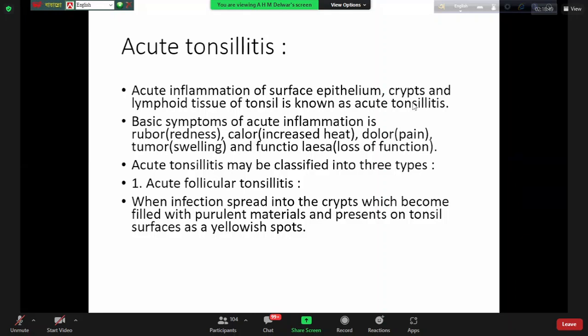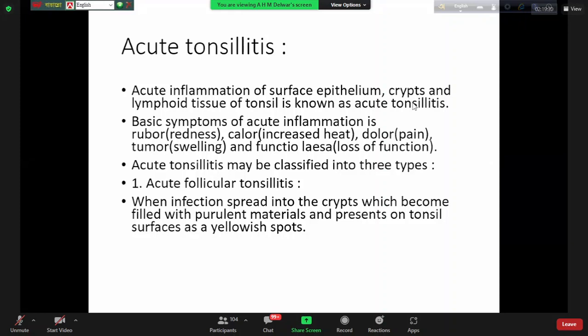So all the features of acute inflammation are present. Just as in acute appendicitis, acute laryngitis, acute pharyngitis, all acute inflammation, the patient has a fever, there is a painful condition, and there is a loss of function, dysphagia and other things. So what is the classification of acute tonsillitis?